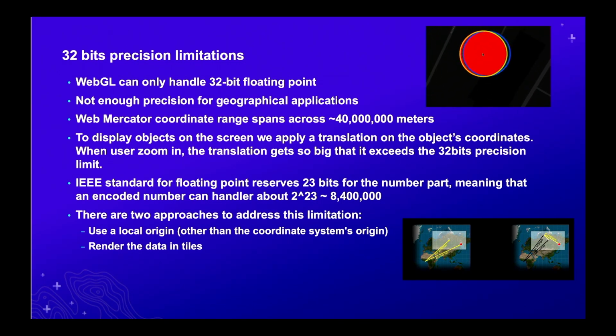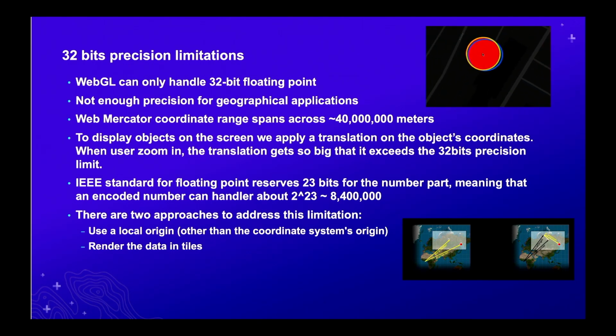Think about when you zoom in quite a bit. As we discussed before, to render the markers, we have to apply a transformation. We have to bring those markers from far away to where the view is. And so the translation is quite big.